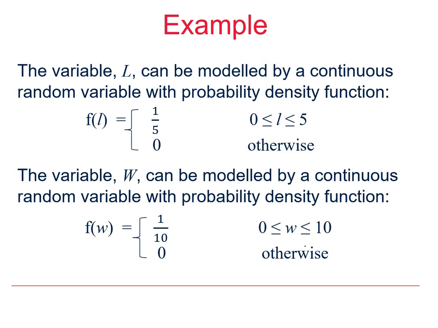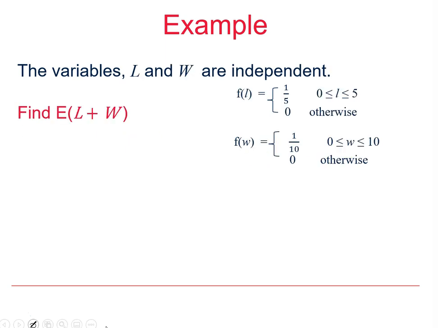If you'd like to pause the video for a moment here, you could read through the example, giving you information about two continuous random variables, L and W. We are given that L and W are independent, and we've been asked to find the expectation of L plus W, which is simply the expected value of L plus that for W. If I just do this one for an example, we're going from 0 to 5.